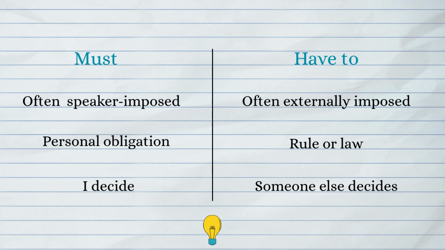On the other hand, we use have to when the obligation comes from an external source, such as a law, a workplace policy, a school rule, or another person's requirement. So, for have to, the rule is an external rule, set by a company or the government, and someone else decides what you have to do.